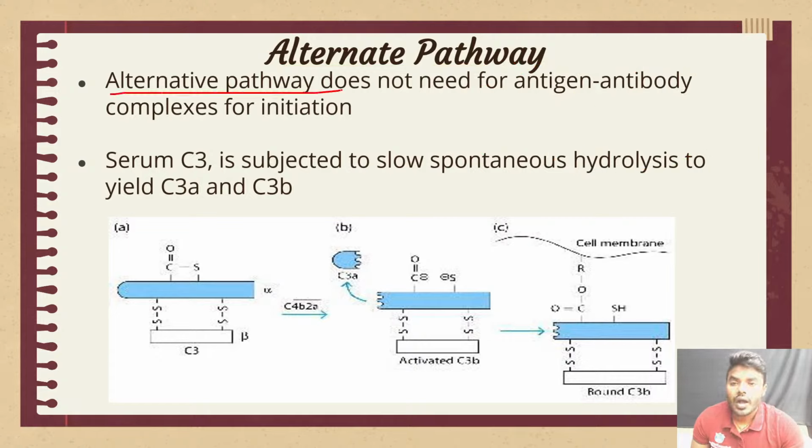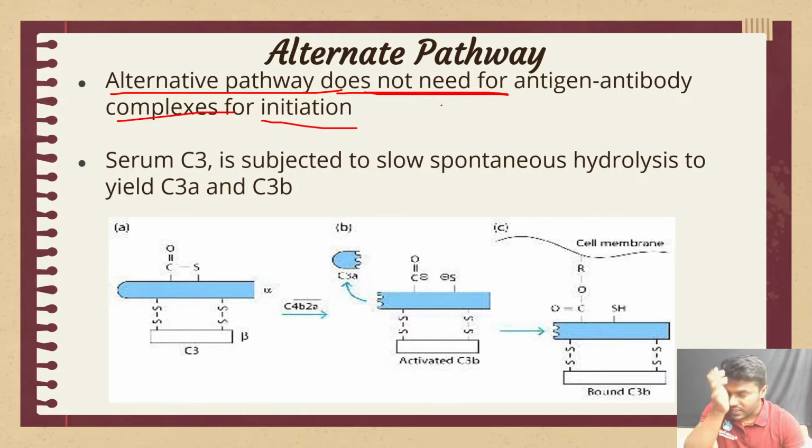Okay, so the alternative pathway does not need antigen antibody complexes for the process of initiation. Now I want you people to listen to my statements very carefully, friends. The alternate pathway actually starts from the complement 3 molecule, there is no doubt about it.